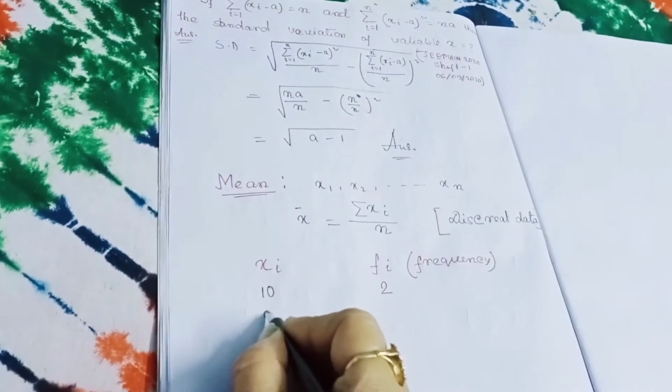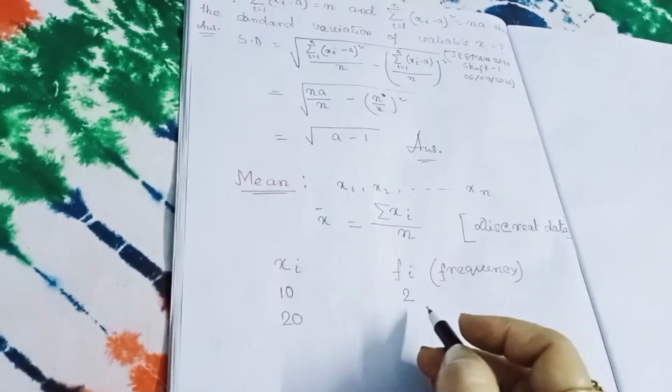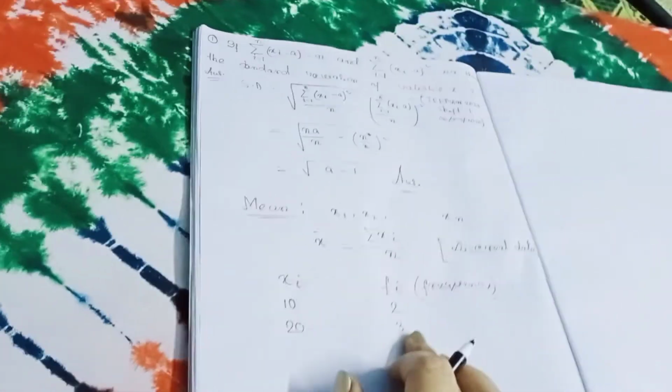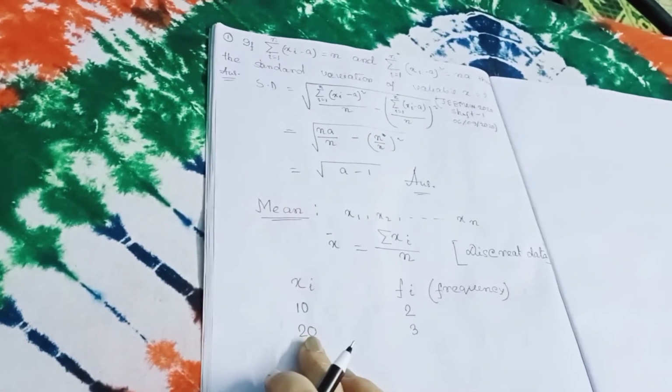And when the students achieve 20 marks, the number of students is 3, so their frequency is 3 and the achieved marks is 20.